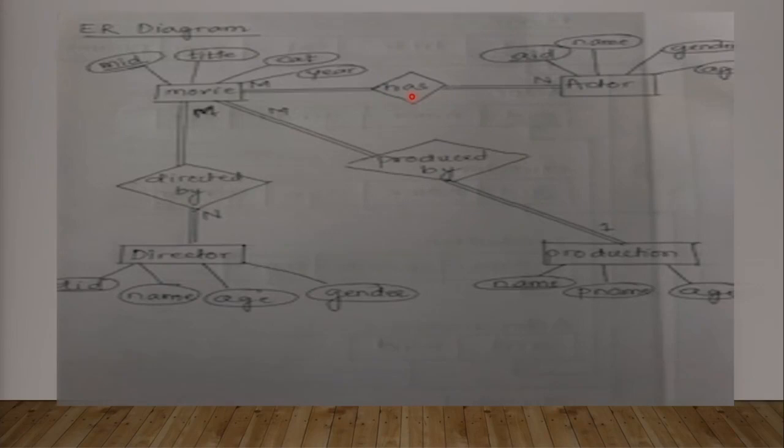So what do I have to do? I just have to build a relationship. I have to say the actor ID of the actor table is equal to the actor ID in this relationship table, and the movie ID in this relationship table is equal to the movie ID in the movie table. This is the relationship between these 2 tables, the movie table and the actor table. When do we do this? When we have an M to N relationship.